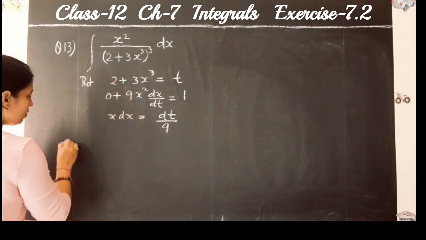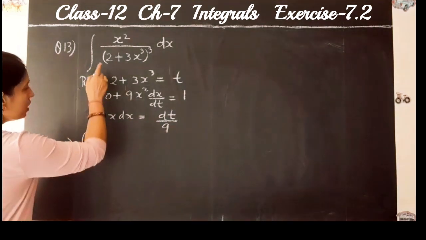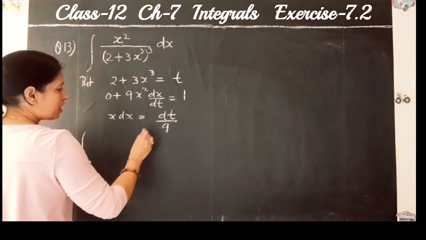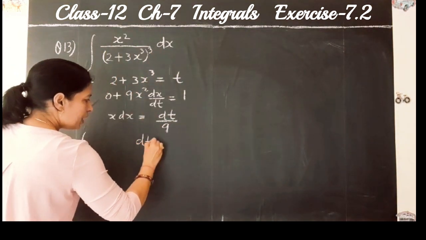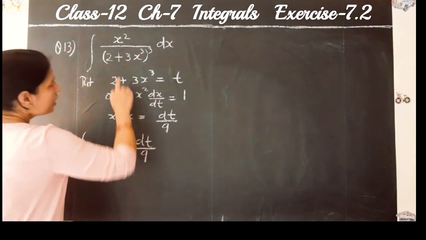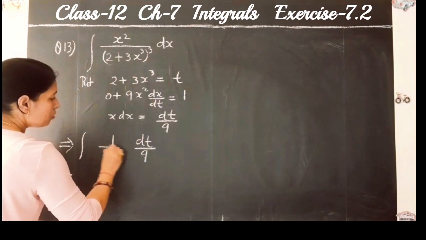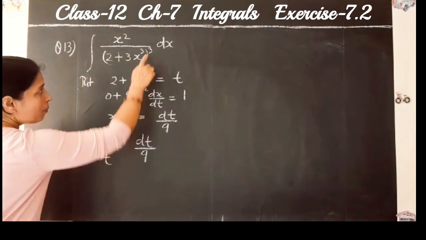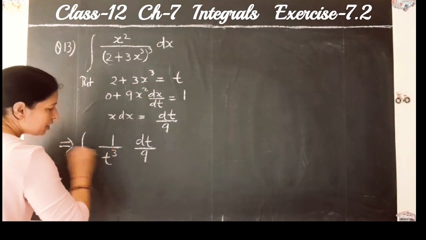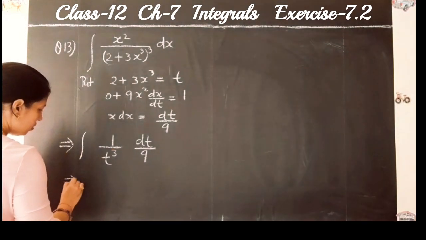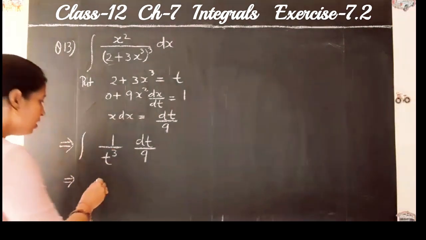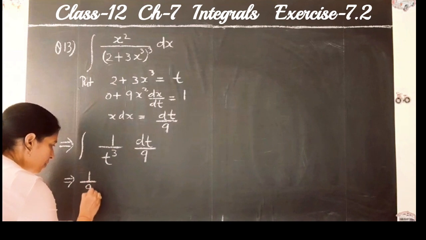So we can write our integral like this. In place of x square dx, write dt by 9 first. And here it is t, this one is t. So write here 1 by, and power is given 3, so write here 3. So 9 is a constant, so write it outside from the integral.